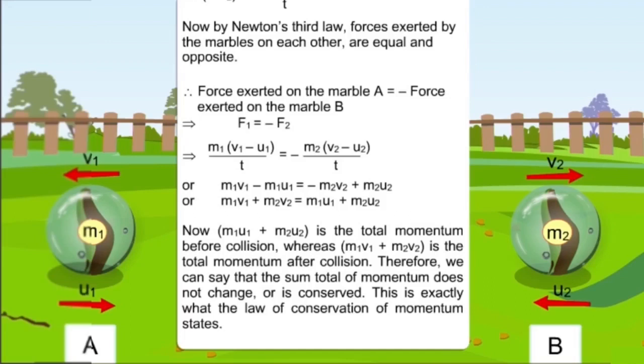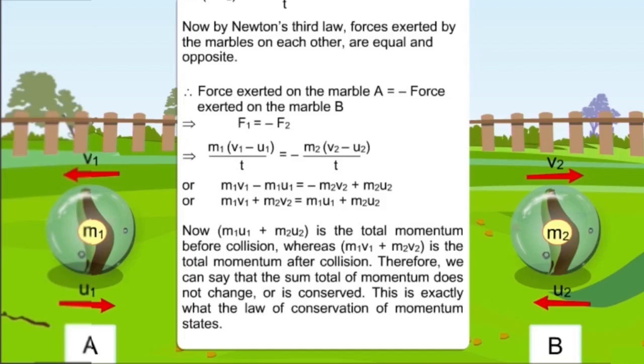Wherever the word conservation is specified, whether it is conservation of mass, the law of conservation of energy, or the law of conservation of momentum, it states that the sum total will never change and it is conserved.